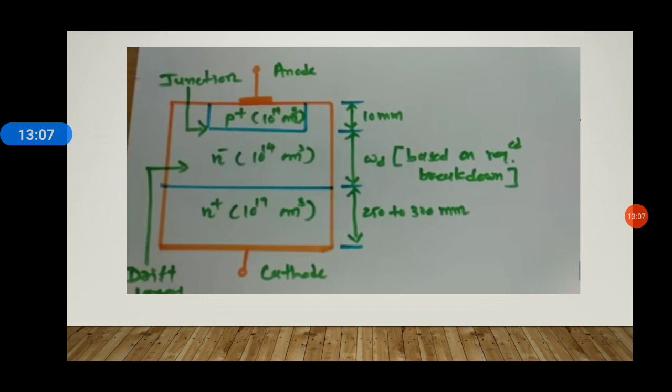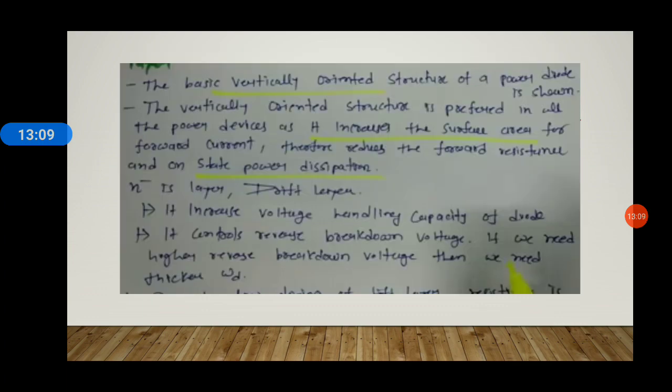Now, all that which I have mentioned about the basic structure of the power diode is written here. One more thing I might have missed is that it is a vertical structure.